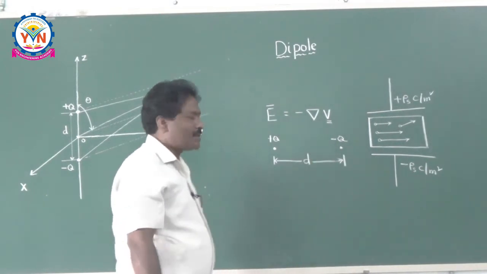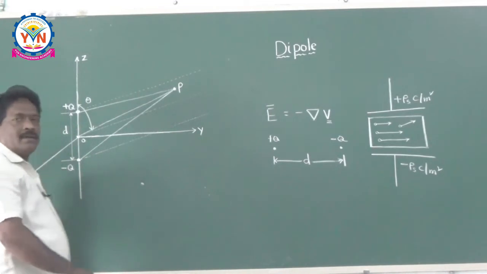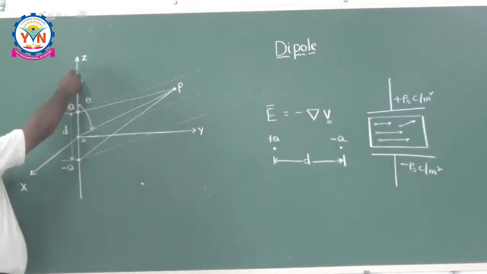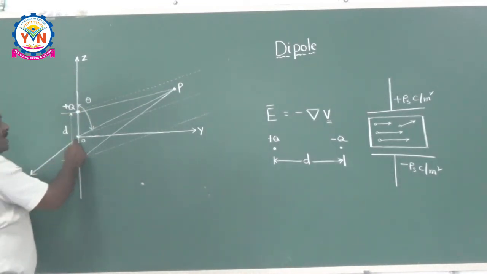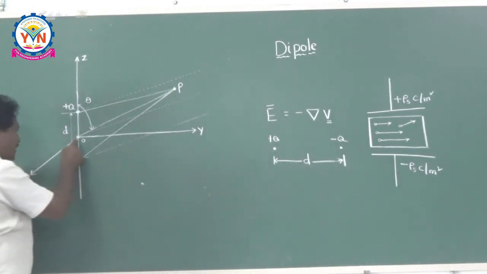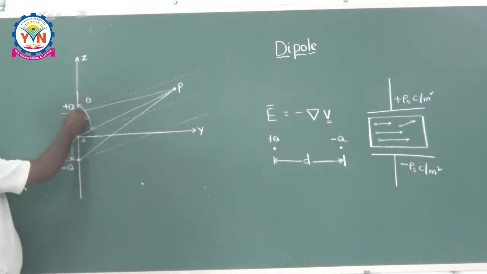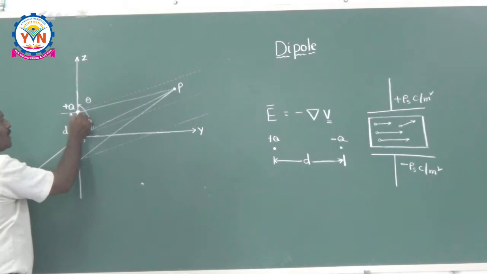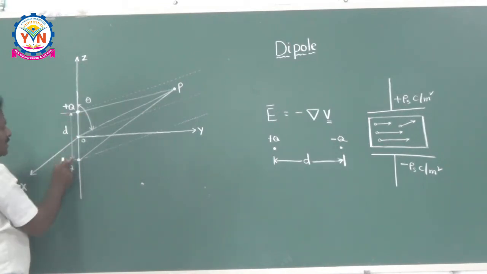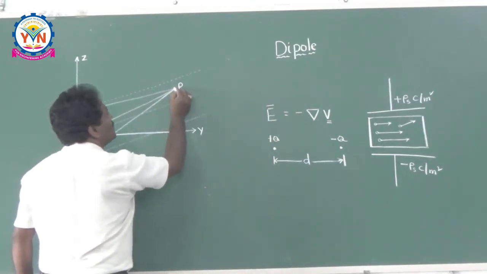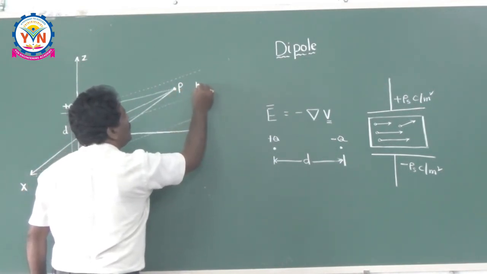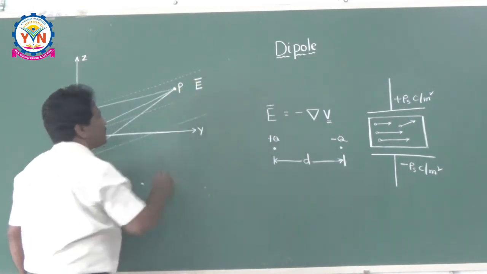Now coming to the derivation part, as usual, let us take this as the z-axis, this as the y-axis and this as the x-axis. On the z-axis, I have taken two charges, one is plus q and the other is minus q, separated by the distance d. And now I want to estimate the electric field intensity at the point P, which is far away from this.